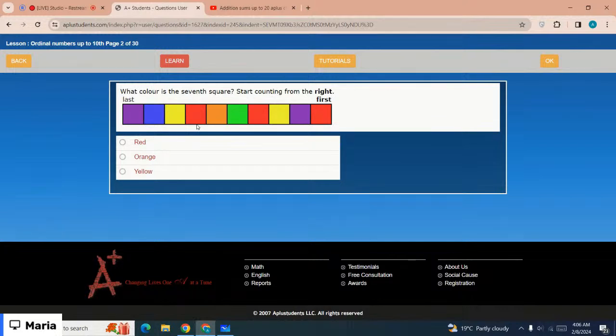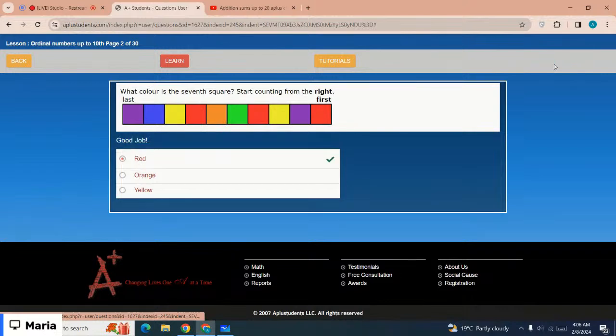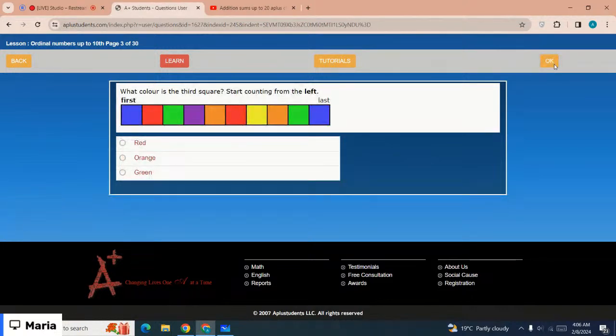The seventh is red color. Got it? The correct option is red. You need to check the sequence of the boxes. So that is seventh, red.